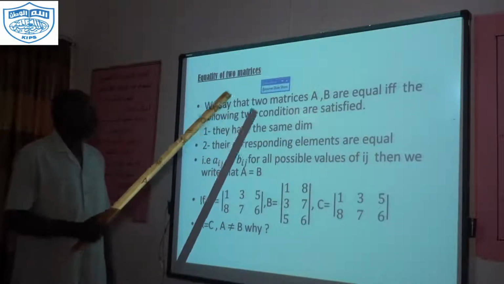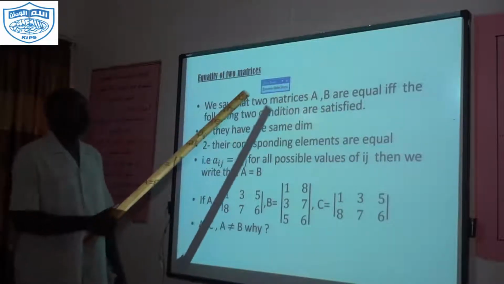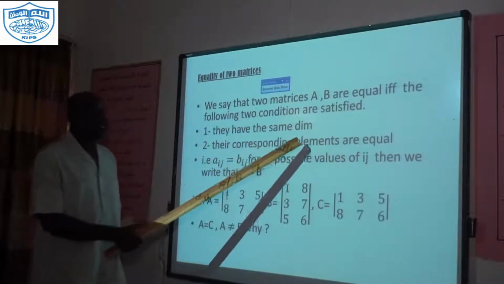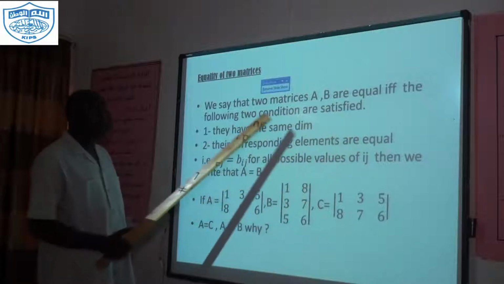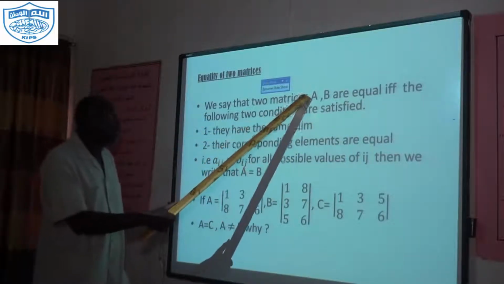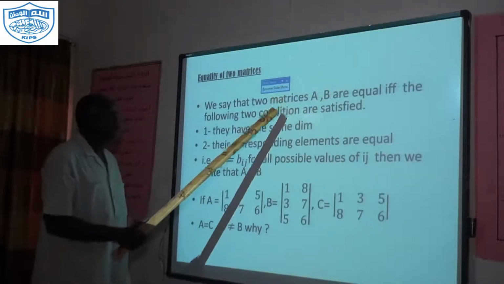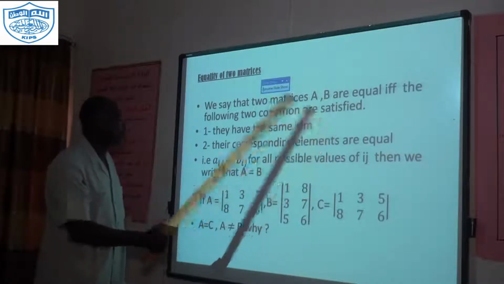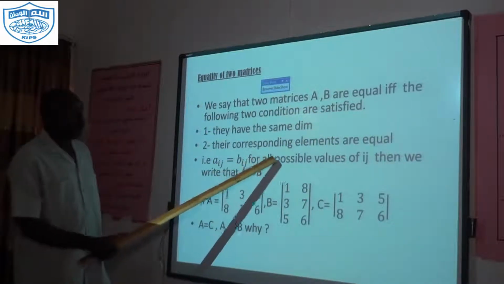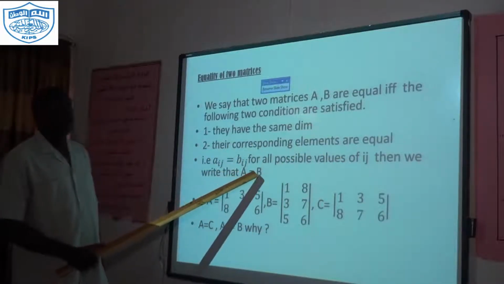It means that the dimension of A equals the dimension of B, the size of A equals the size of B, the order of A equals the order of B. The second condition: their corresponding elements are equal. It means that A11 equals B11, A23 equals B23, A34 equals B34, and so on. Aij equals Bij for all possible values of i and j. Then we write that A equals B.